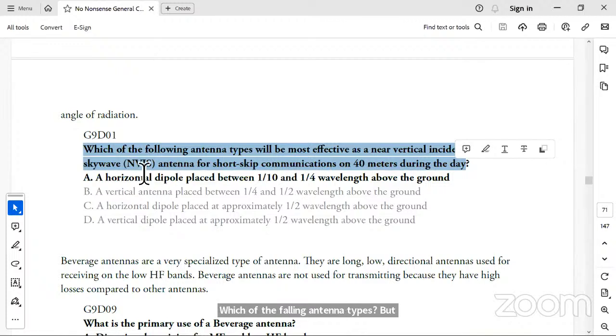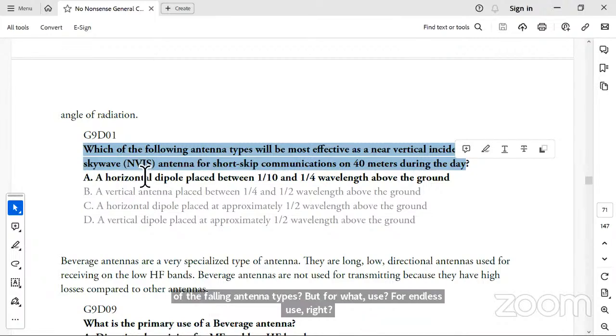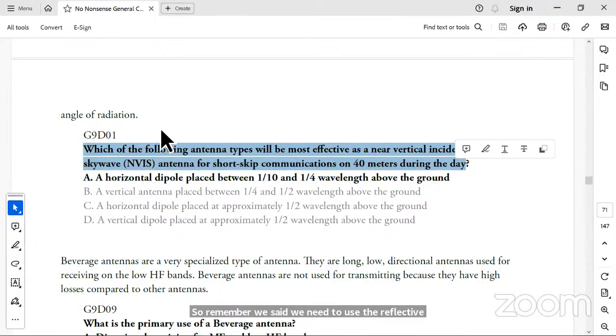So remember we said we need to use the reflective capability of the ground to send the signal straight up into the sky, into the atmosphere, into the ionosphere, so it could refract down at a short distance. Well, we showed the construct where we had a horizontal dipole and the distance between the dipole and the ground was between 1/10 and quarter wavelength of the frequency above the ground. So that's the answer.